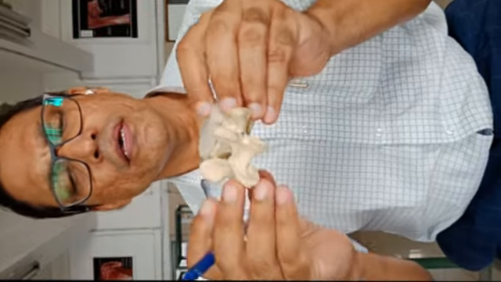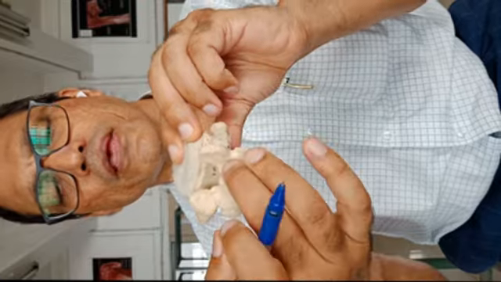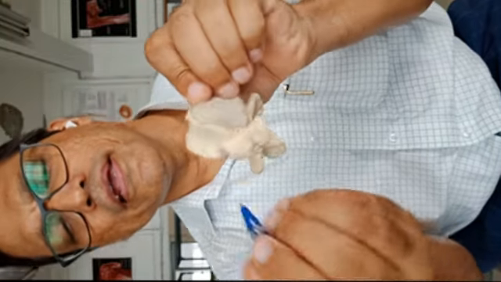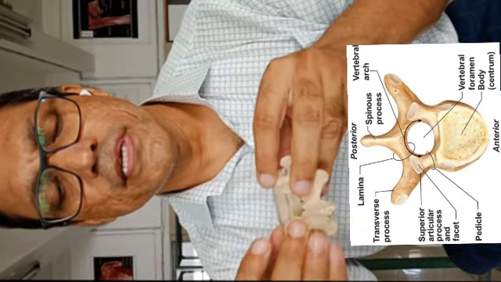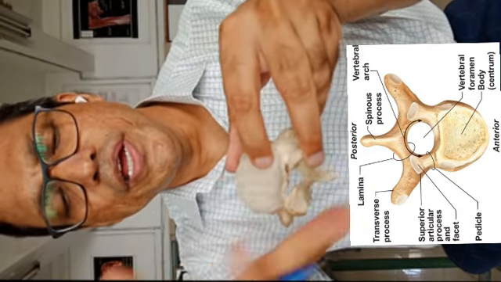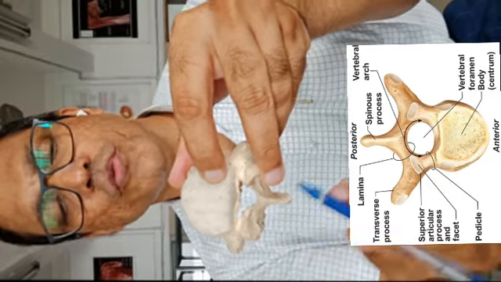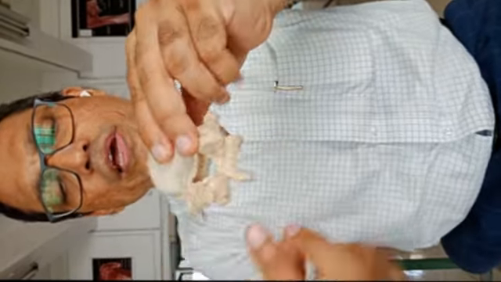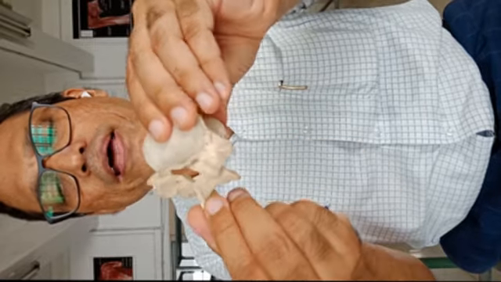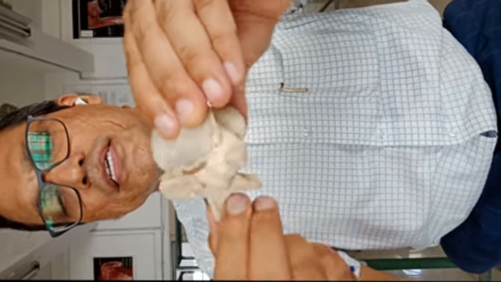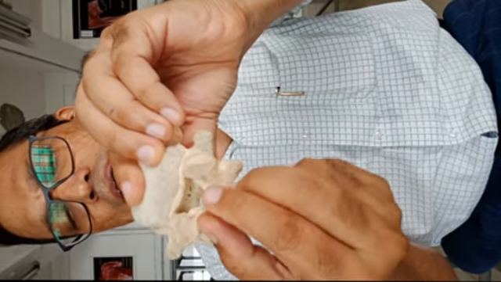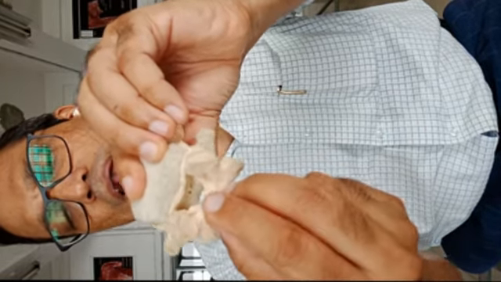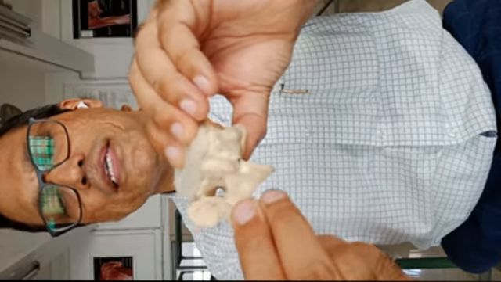Now if you see the lamina, at the posterior end of the pedicle the lamina appears and comes posteromedially, on both sides, and joins in the middle, from where the spinous process appears.